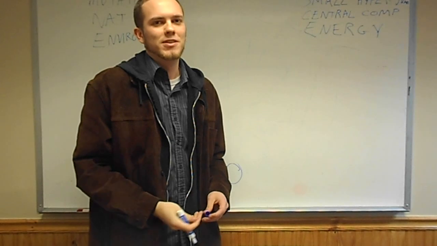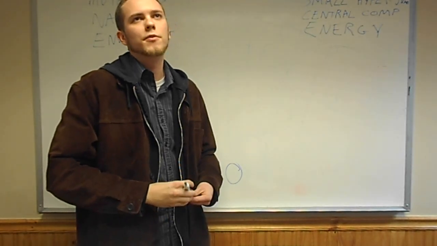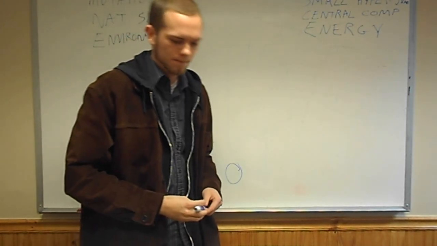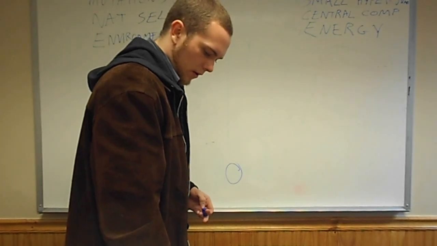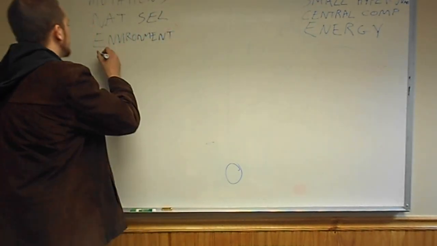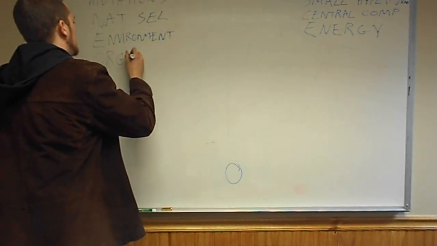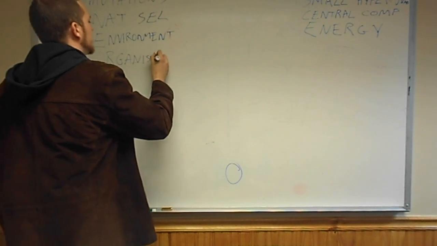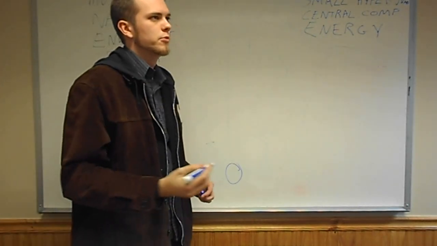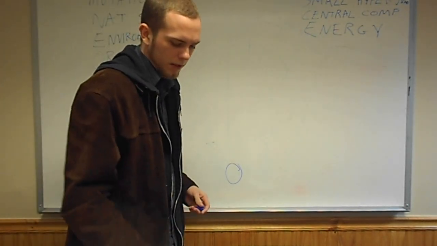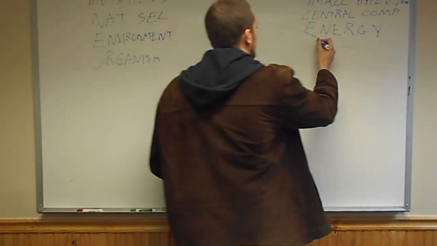Now we don't have any technology that can beam energy yet, I don't think, but perhaps in the future we will. And in evolution, our basic unit is the organism. Well, basic unit is the gene, but we'll pretend it's the organism for now. And we're going to use spaceships.